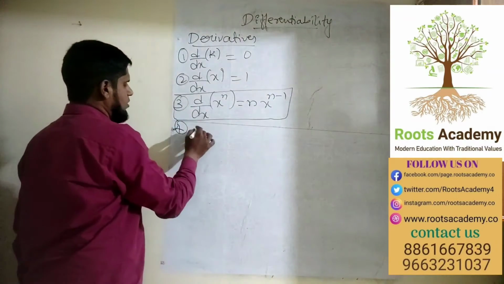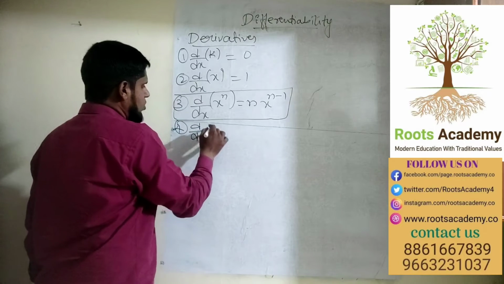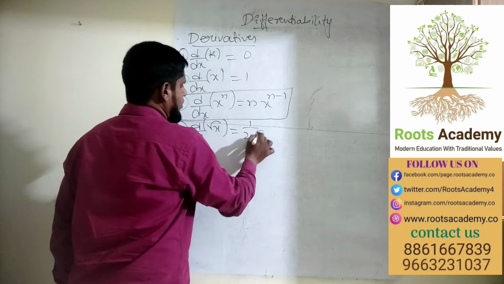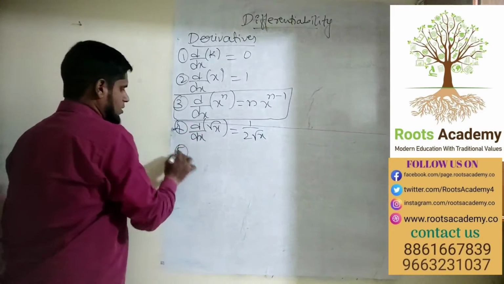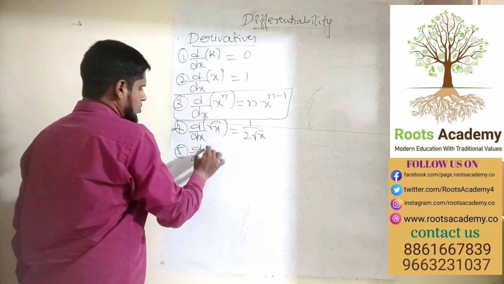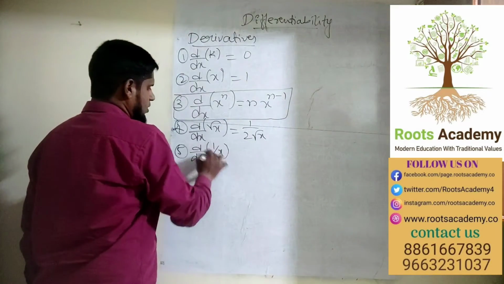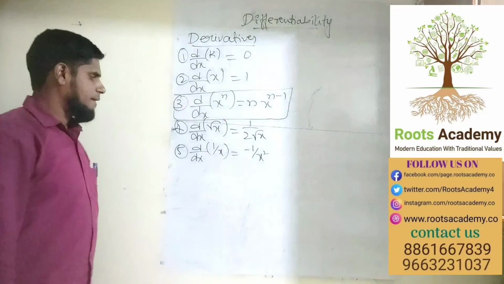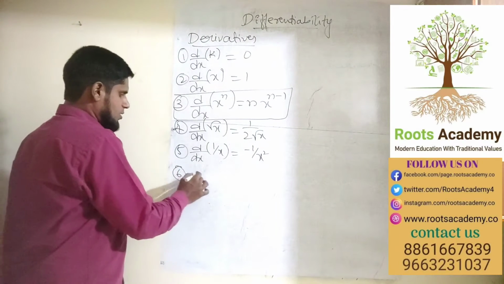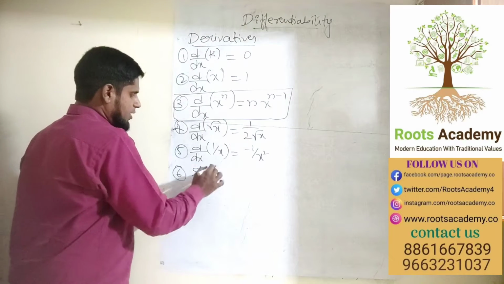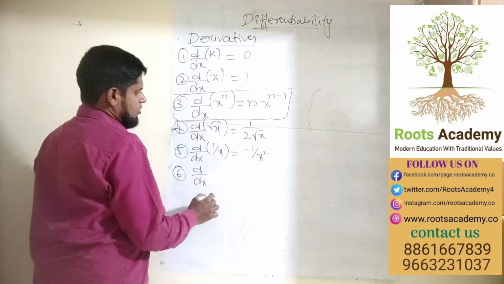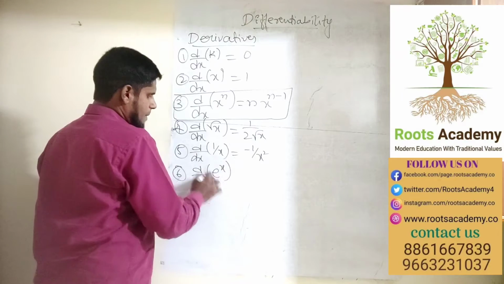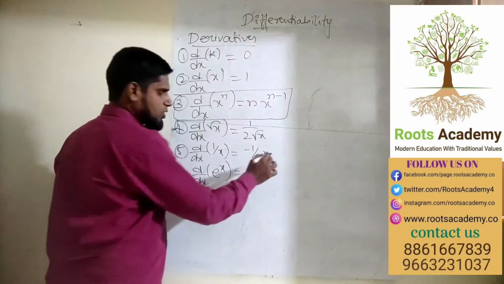Next is d by dx of root x, which is 1 divided by 2 root x. Next, d by dx of 1 by x is minus 1 by x square. Next, d by dx of e power x is e power x only.